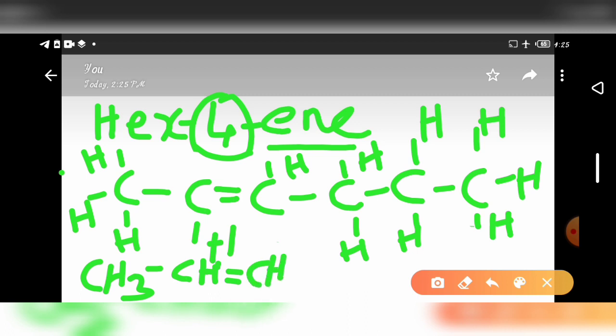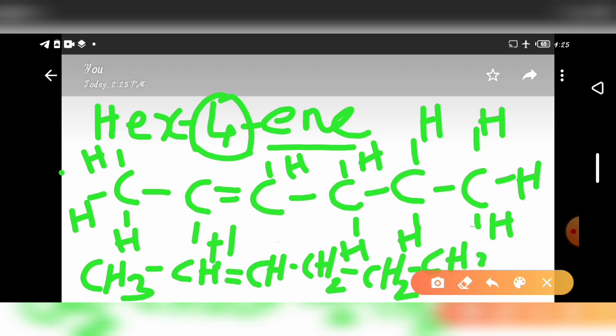Next CH2, next CH2, next CH3. See here, how many carbons are there? 1, 2, 3, 4, 5, 6. This is the structure of hex-4-ene. That's all. Easily you can draw it.